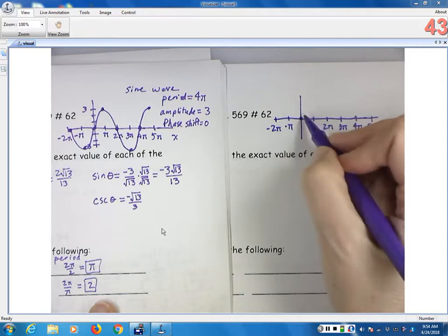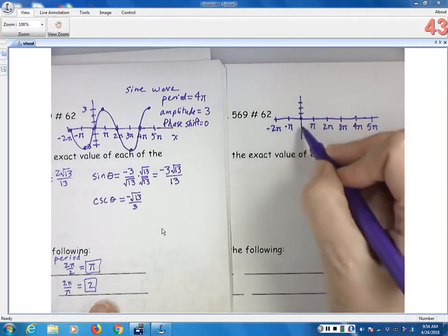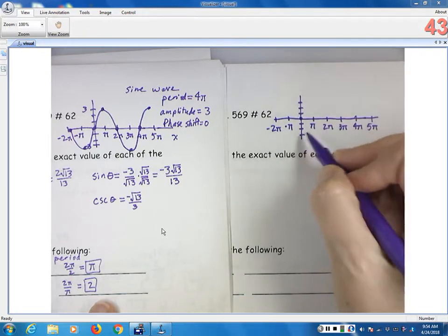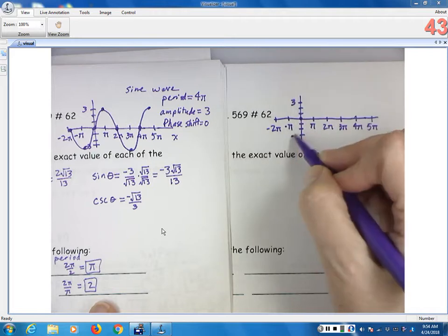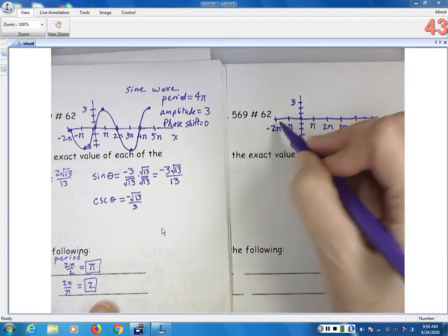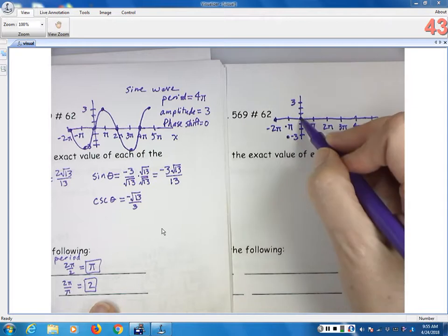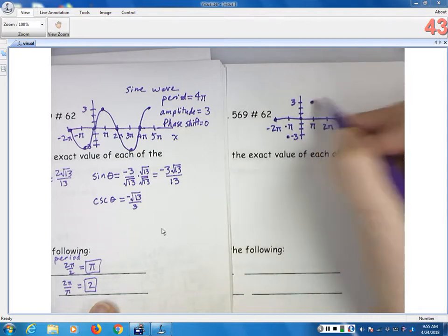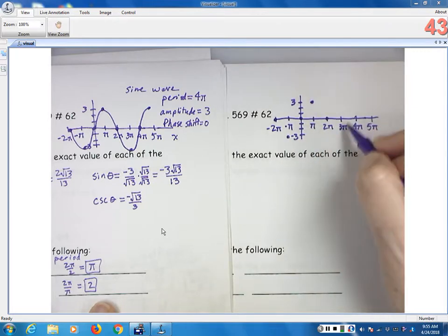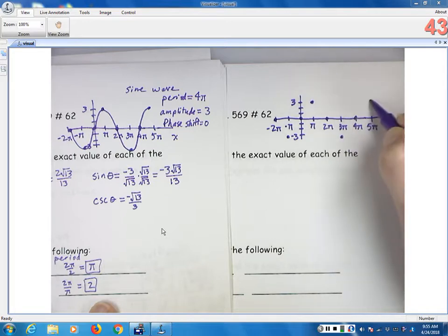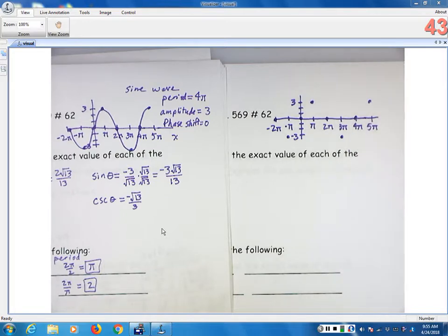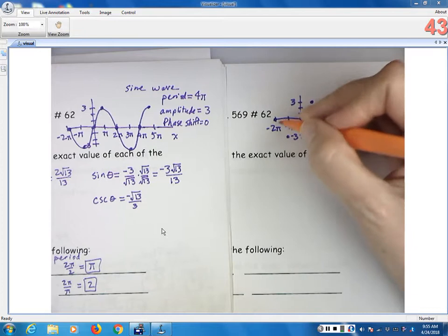And then it went up to 1, 2, 3, negative 1, 2, 3. And so it was here, and then it was here, here, here, here. So this was a picture.